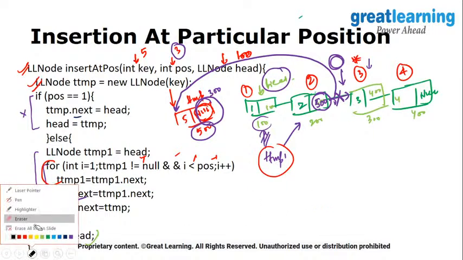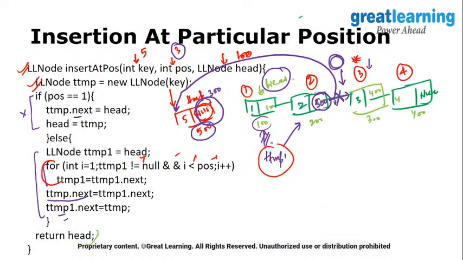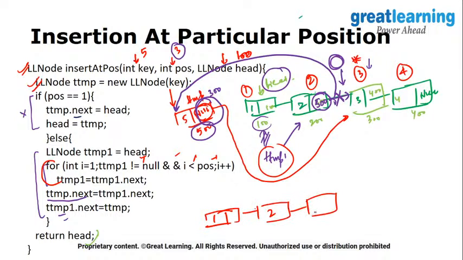Okay. So let's do it again. So now whatever happened, this 300 was pointing to this node. Okay. So now let's do it once more. So you have 1, you have 2, now you will be having here 5, then you will be having 3, then you will be having 4, which is null at the end. Okay. So now this is pointing 100, this is 200, this is 500, this is 300, this is 400.